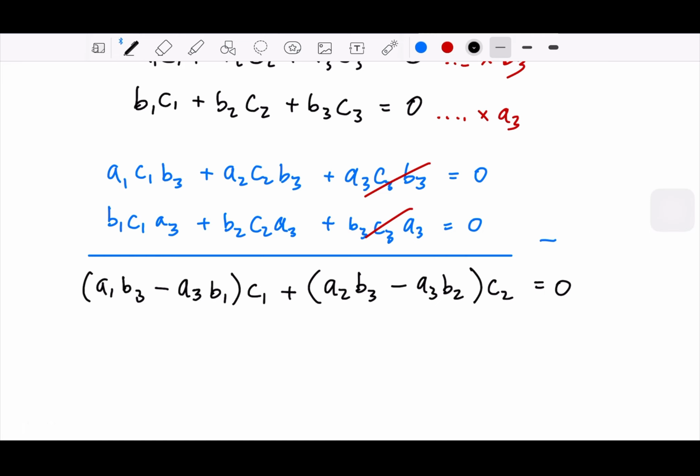Now, if we solve this and look at the solutions for C1, this will be equal to A2 B3 minus A3 B2, and C2 will be the other one.